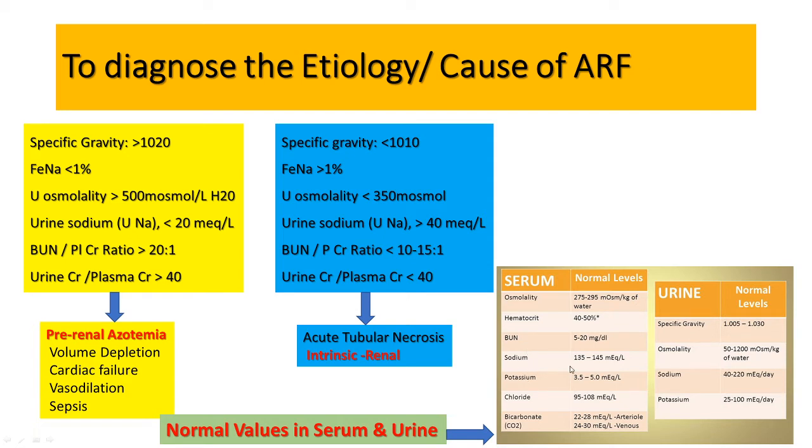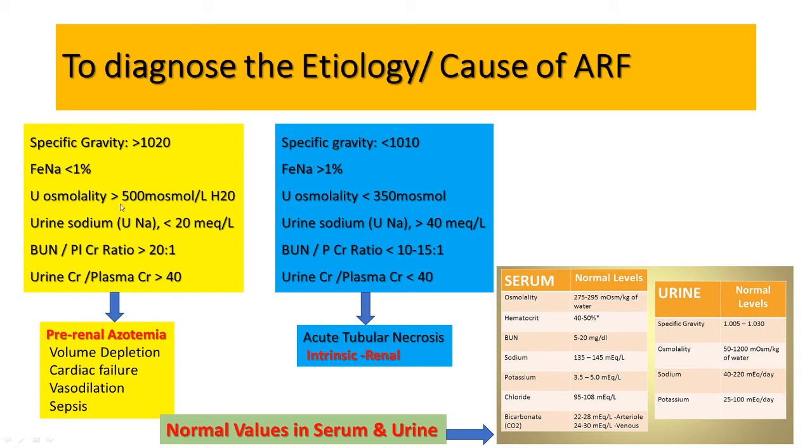In serum, the sodium is 135 to 145 milliequivalents per liter, whereas in urine the sodium level is 40 to 220 milliequivalents per day. Now coming to the actual parameters, the specific gravity is greater than 1020, and FeNa, the fractional excretion of sodium, is less than 1%.